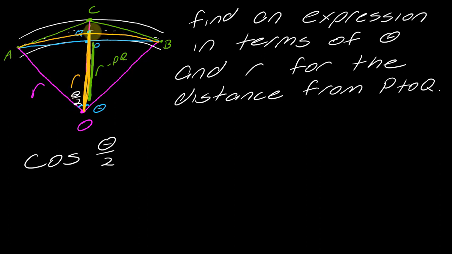If I know this side, I've got some way to label this side of the right triangle, and I call this side R. Well then, in this case, this is what I'm viewing as my hypotenuse, and this part here is going to be my adjacent side. So cosine is adjacent over hypotenuse. So to set this up, here's my adjacent side, R minus PQ, over R.